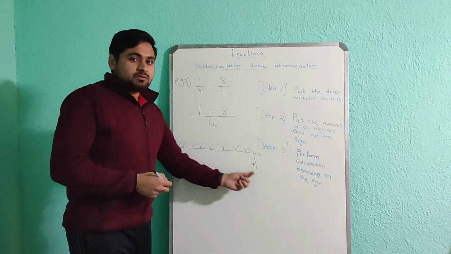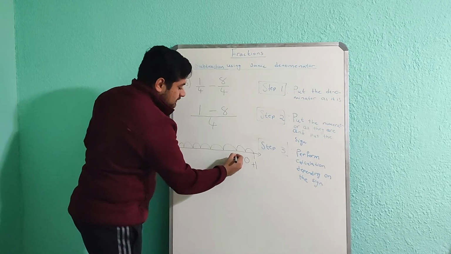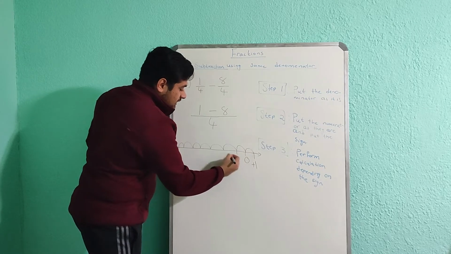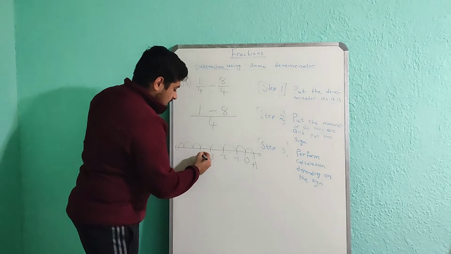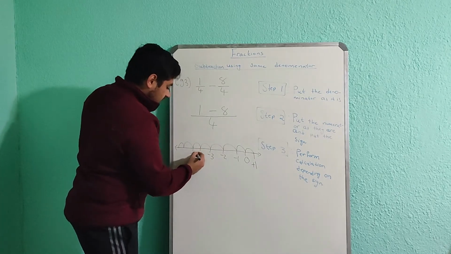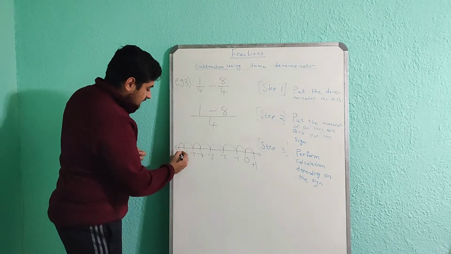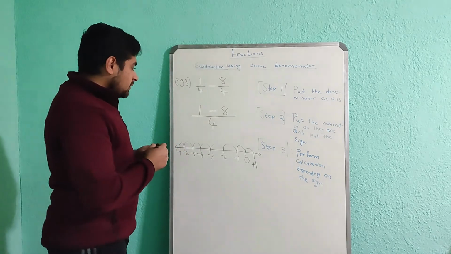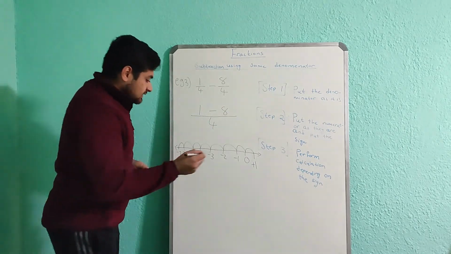What are the numbers to the left of positive 1? They are all decreasing. So we got 0, negative 1, negative 2, negative 3, negative 4, negative 5, negative 6, and finally negative 7. So if we say 1 minus 8, our answer is negative 7.